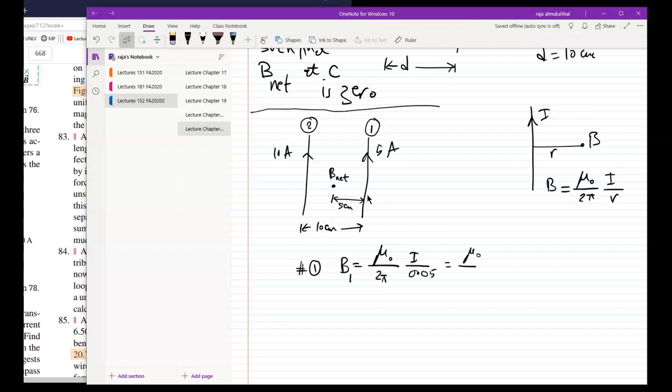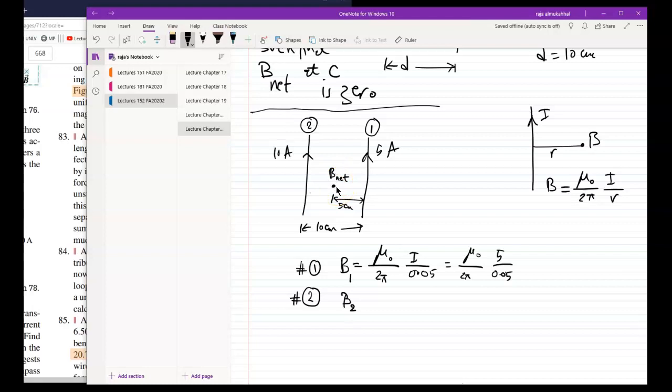So we could just plug it in. We have mu naught over 2 pi, I is equal to 5, over 0.05. And then we can calculate that. Okay? Now, what about as far as wire number 2? Well, B2, again, it is right here, right? What is it equal to? And how far is it?